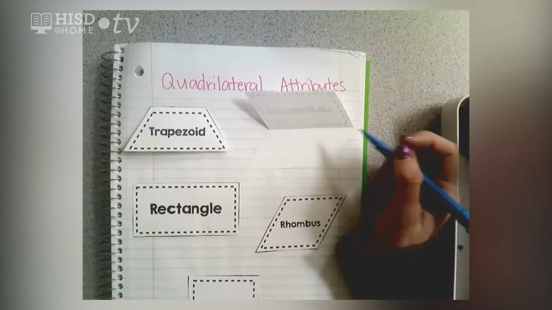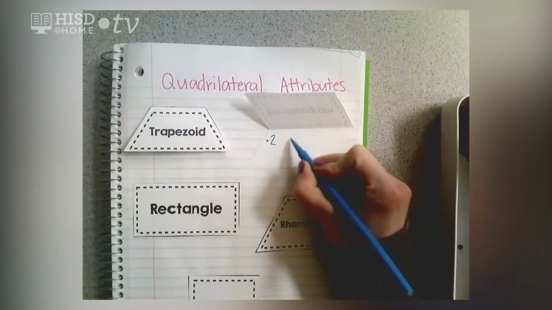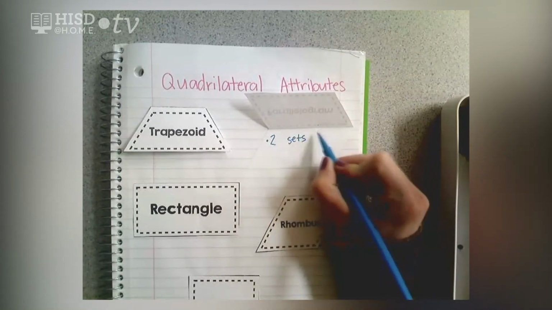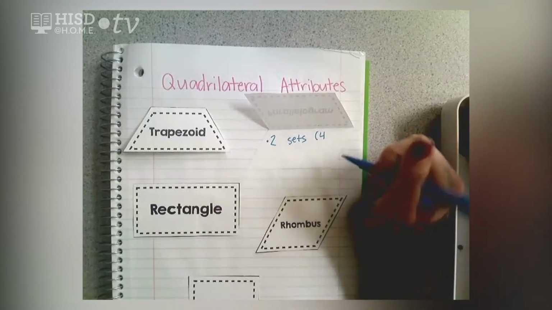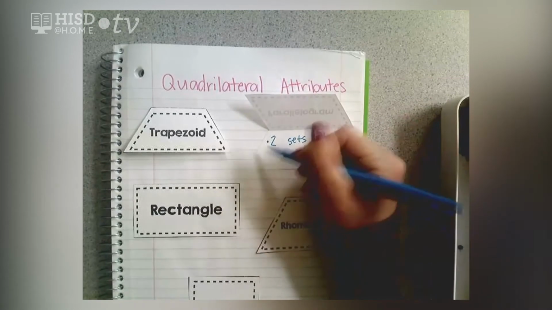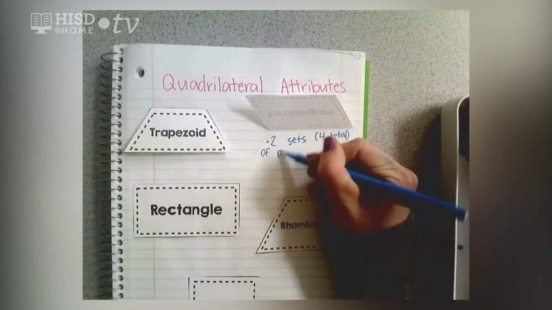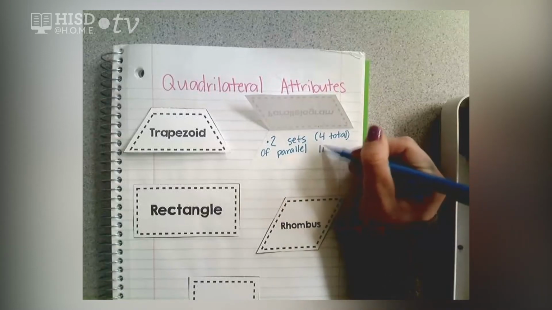For a parallelogram, its defining characteristic is that it has two sets, or four lines, four total, of parallel lines.